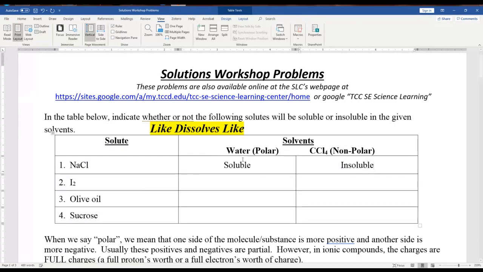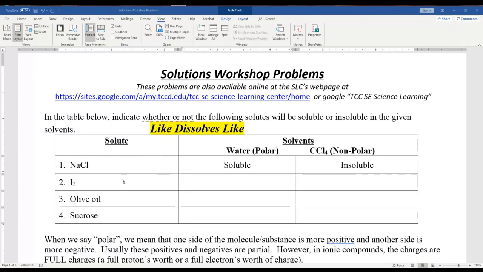Okay, what about I2? Do you think that's going to be polar or nonpolar? Yeah, nonpolar. Why do you think that's the case? Now this is a tricky question.